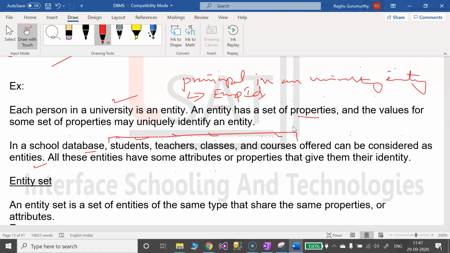Each and every entity consists of a uniquely identifying property. Got it? So this is all about entity.